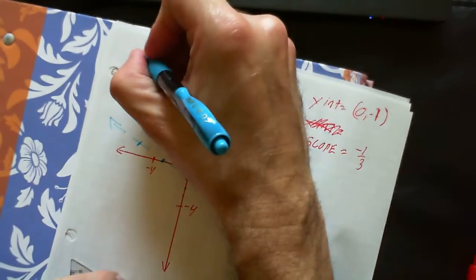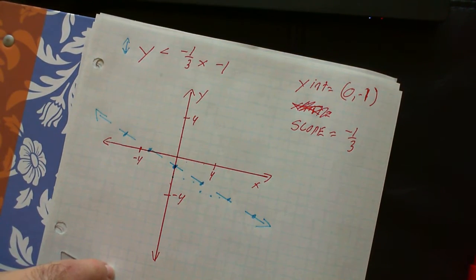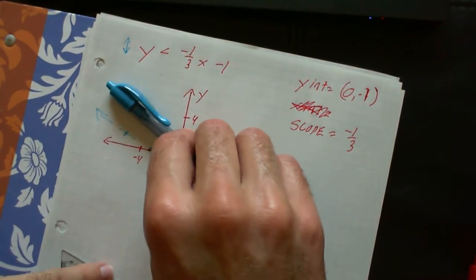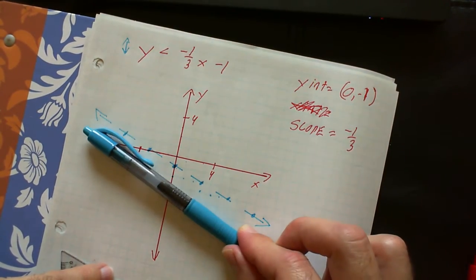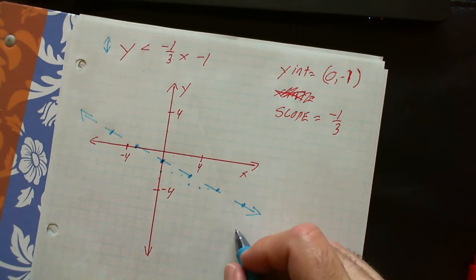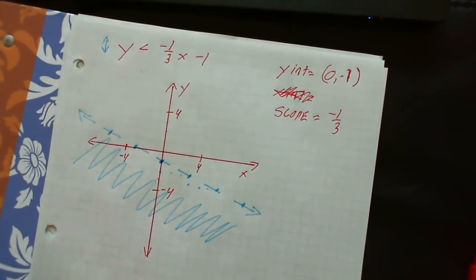Remember, y is up and down. Which way am I going to shade? If you say y is less than, do you think you're going to shade above the line? Or below the line? Yes, you shade below. And that's all you got to do. We just graphed that line.